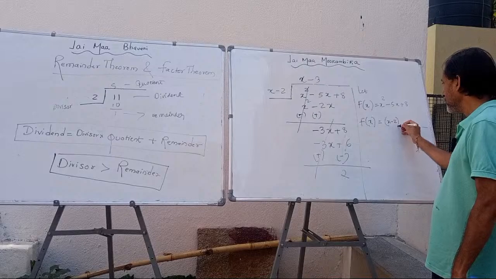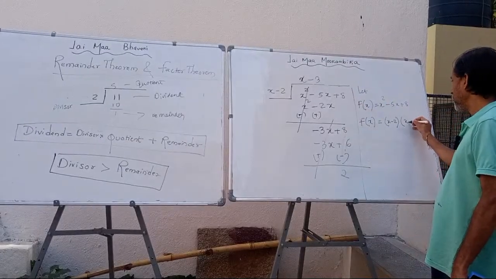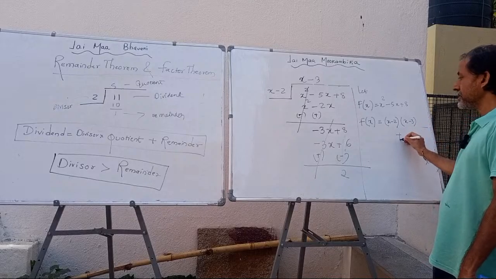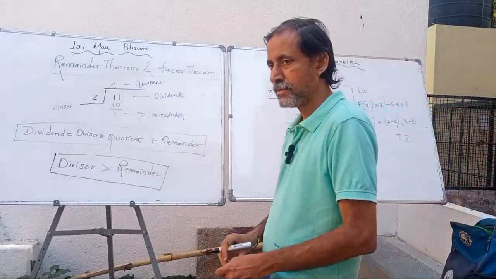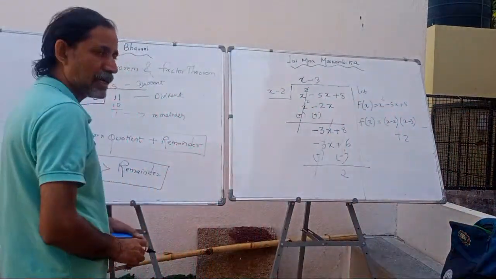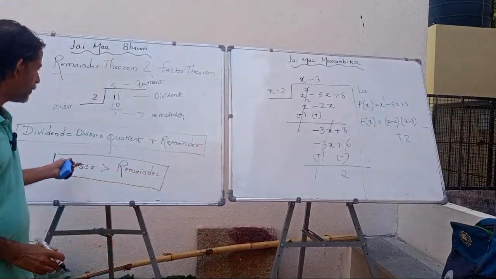x minus 2. What is the quotient? x minus 3. Plus remainder is what? 2. You understood this? You guys got this? Plus nothing, I just copied whatever is there.